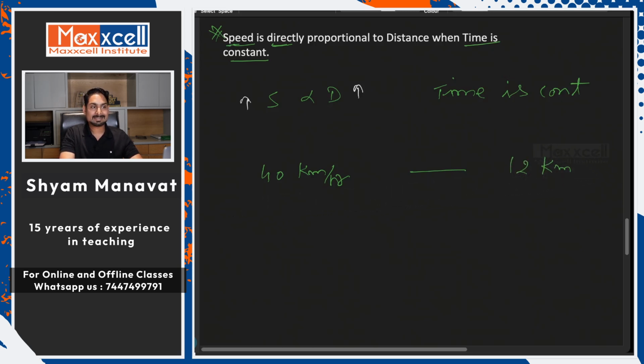Now, in the same time, time is constant, if I have to cover 15 kilometers, then the speed should be more or less? Think about it.